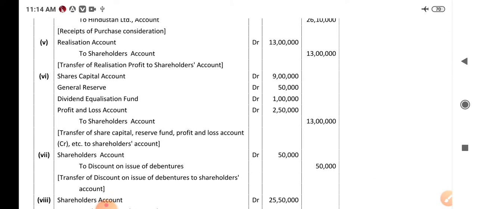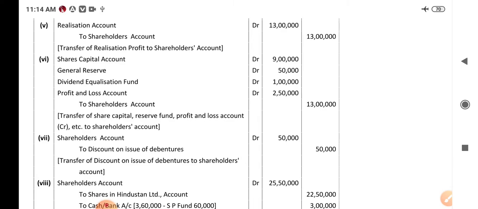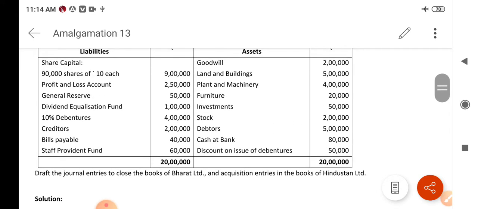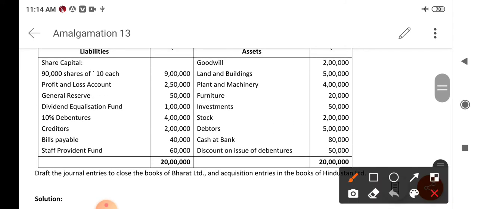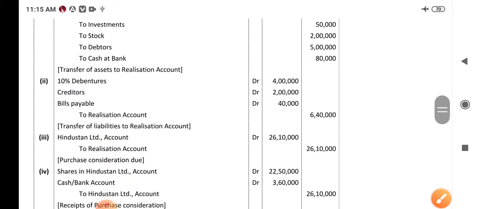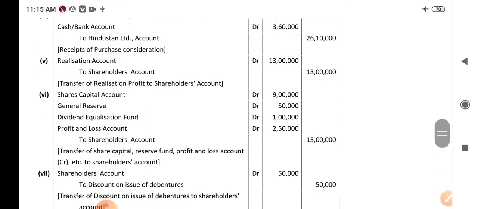Next, we have to transfer the share capital and the various credit balances to equity shareholders. So just go through the balance sheet. So equity share capital ಇದೆ ಮತ್ತು ಏನೆಲ್ಲ ಓನರ್ಸ್ ಫಂಡ್ ಇದೆ. So we have profit and loss account, we have general reserve, and we have dividend equalization fund. So all these credit balances must be transferred to equity shareholders.